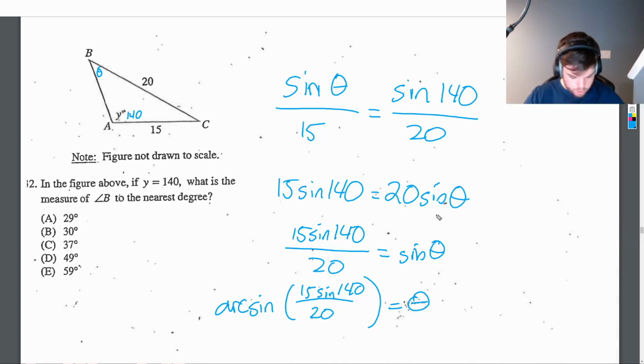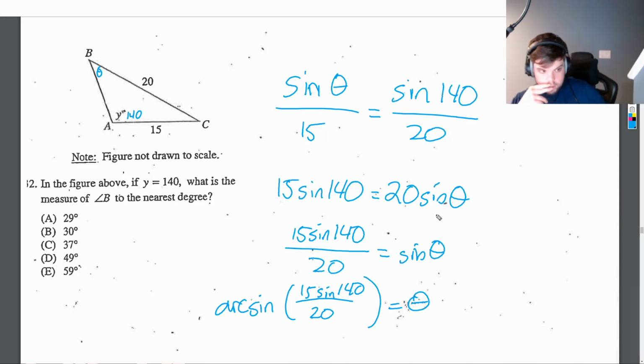Am I in the right mode? Of course I am. Oh, whoops, 15 sine 140 divided by 20. Forgot to do that. Arc sine of that value gives us about 29 degrees. It's very close to 30, but it is 29.